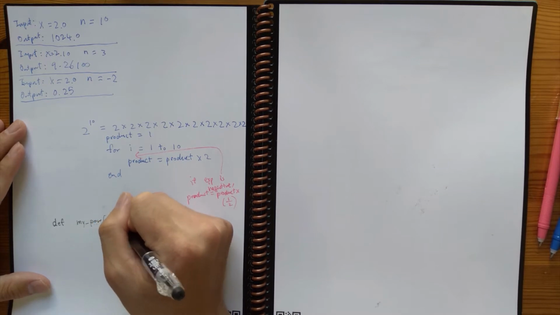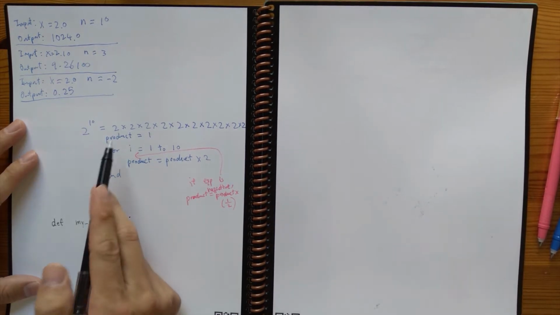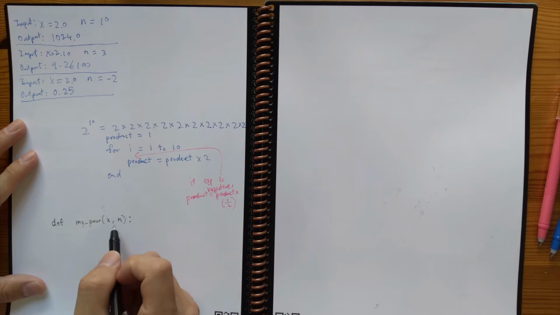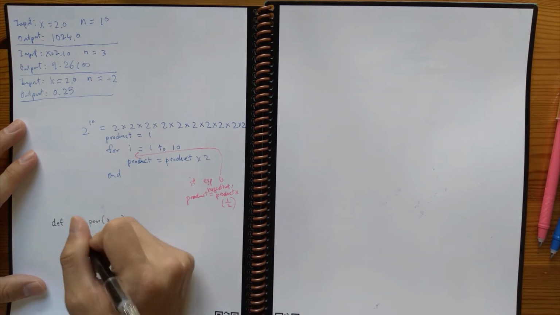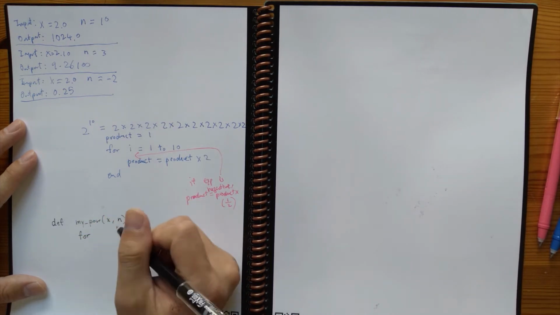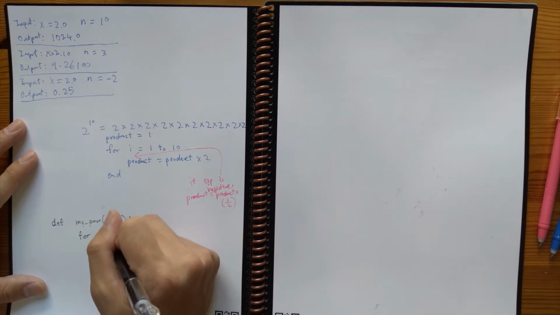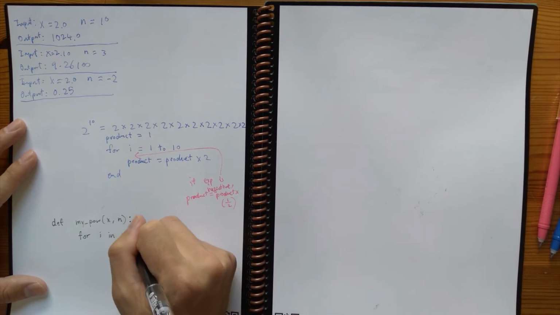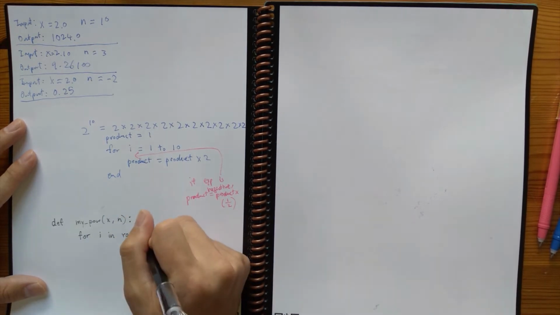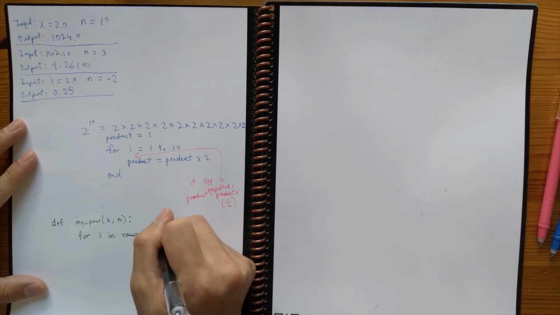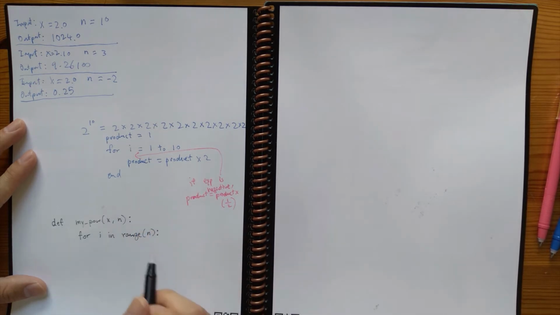It's gonna receive an x and an n. We're gonna iterate through this n times, basically. So I'm gonna say for i in range of n, and I believe that will make it iterate n times.